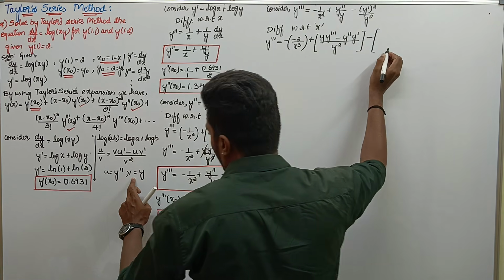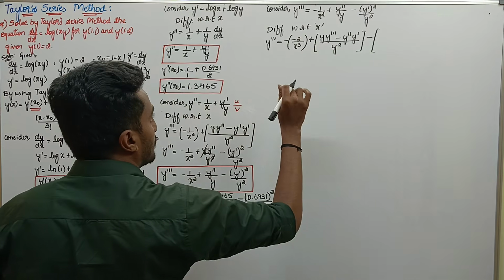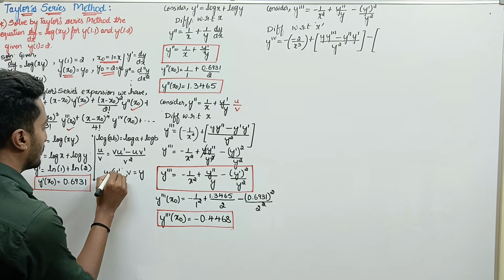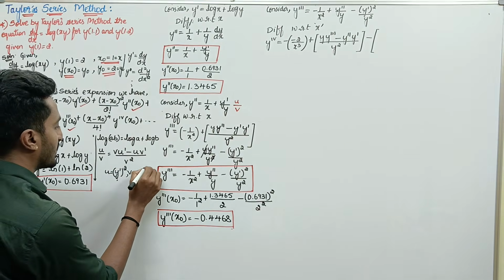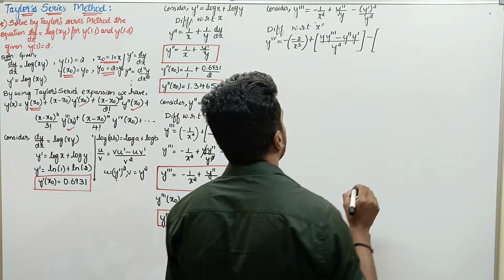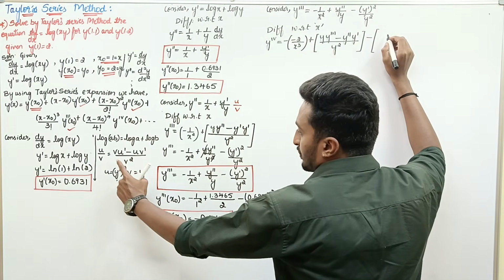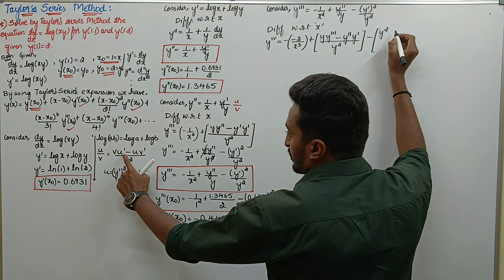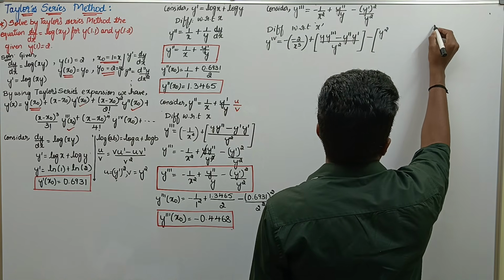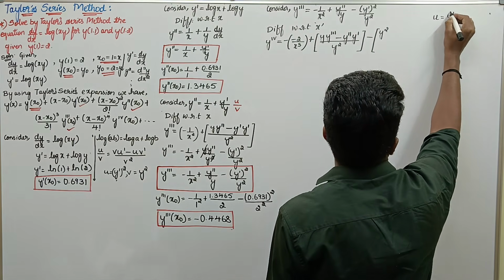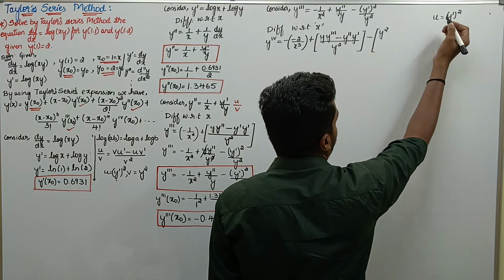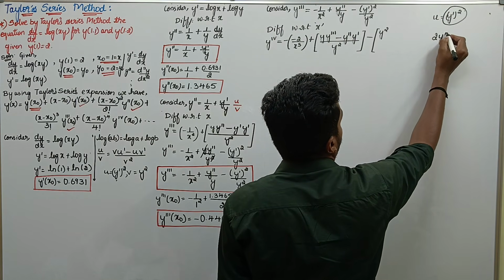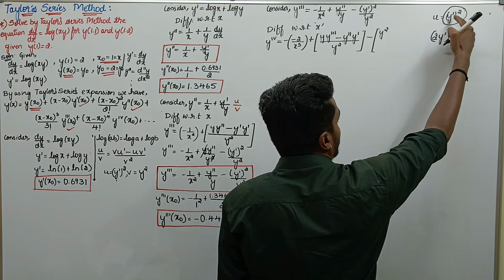Minus into, now again see, I have u as y dash whole square and v as y square. Now let us simplify and represent the terms. Minus of, now v is y square. Next u dash means, u is y dash the whole square. U dash means I need to differentiate the whole term, so 2y dash, into I need to differentiate the inner term.